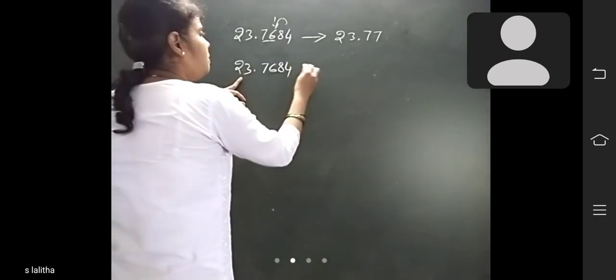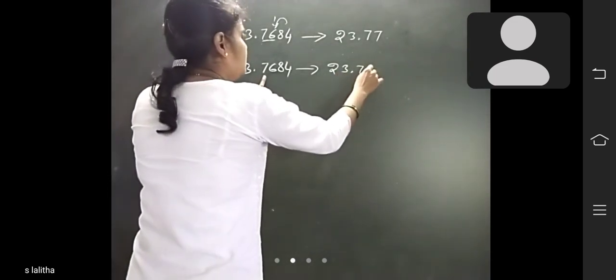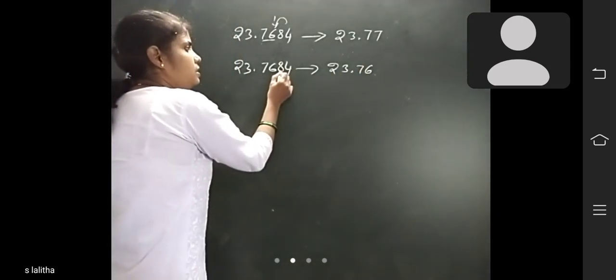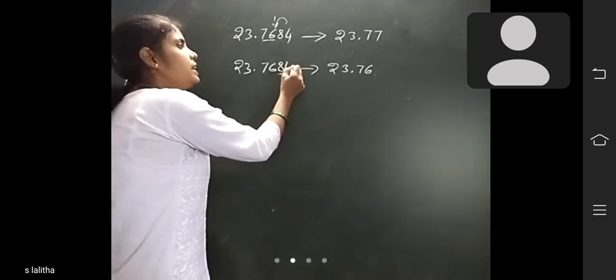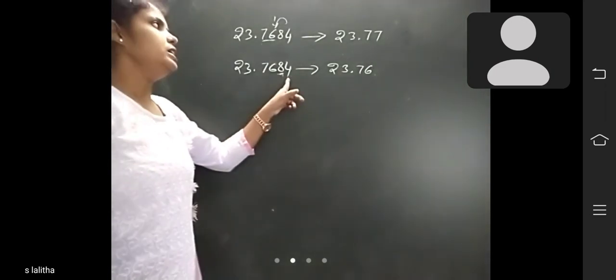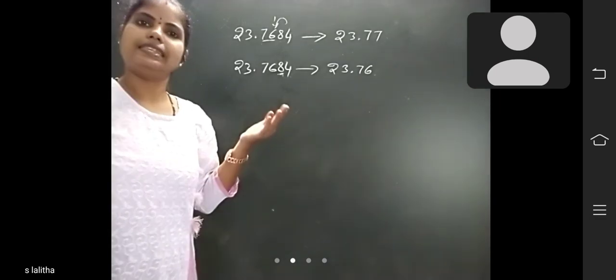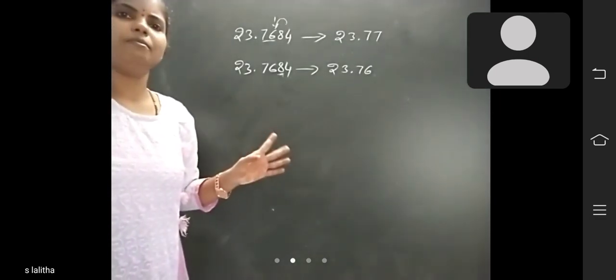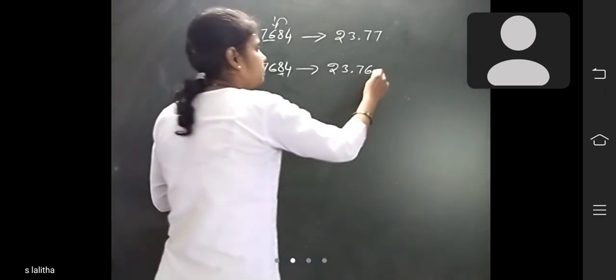So first the whole number you should write, 23.76. The third digit is 8 now. So 8. What is the right side of that number? 4. Okay. So is 4 greater than 5 or less than 5? Yes, less than 5. So less than 5 means you should leave that number. You can write the same number as it is.